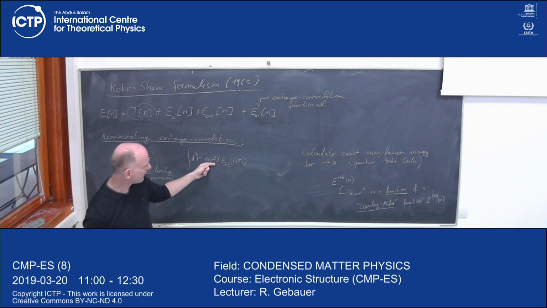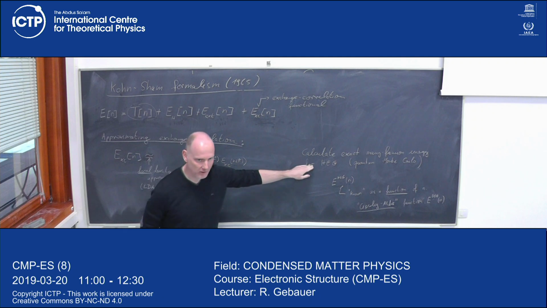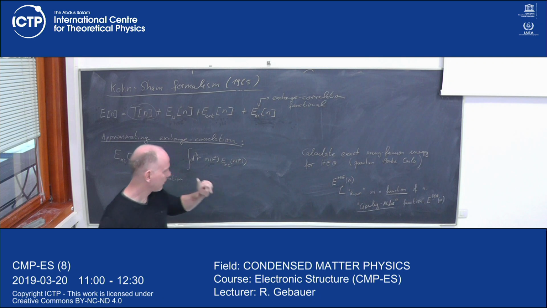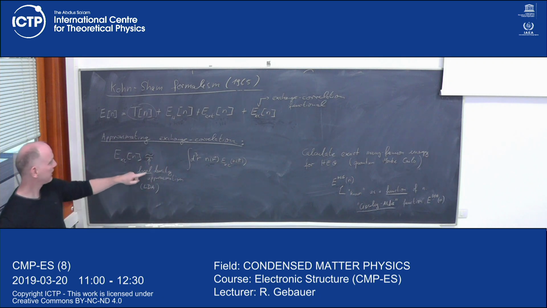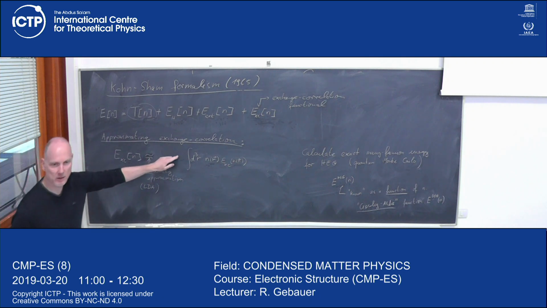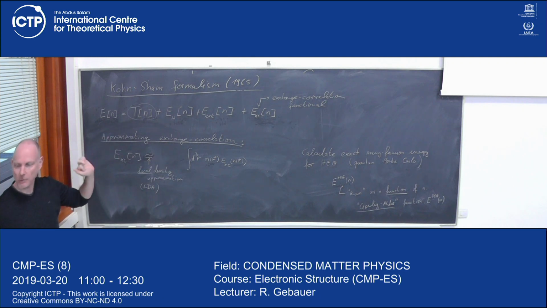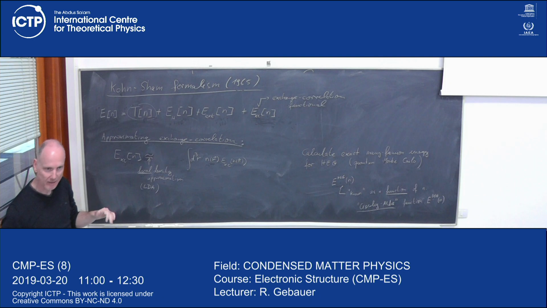If the density is high, this is high, and you plug in a result from the homogeneous electron gas, which refers to that density locally at that point. Okay? So in order to understand what this means, if you would apply this approximation to the homogeneous electron gas, then it would not be an approximation, then it would be exact. Okay?